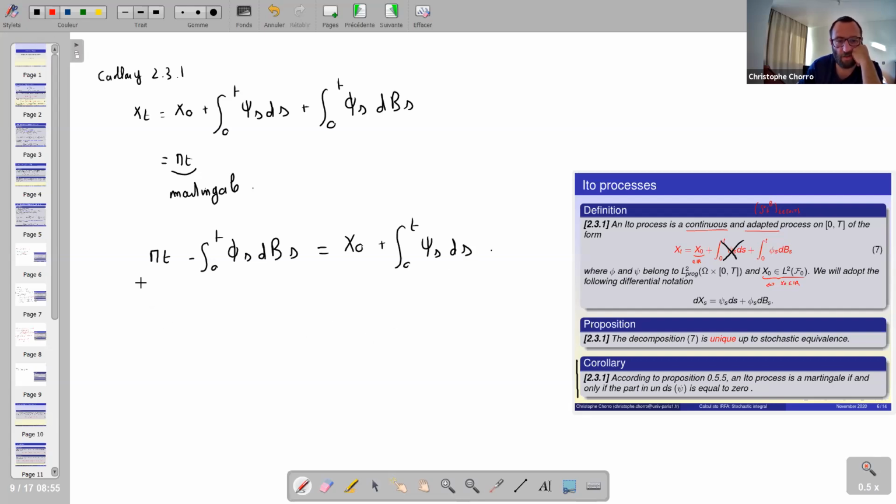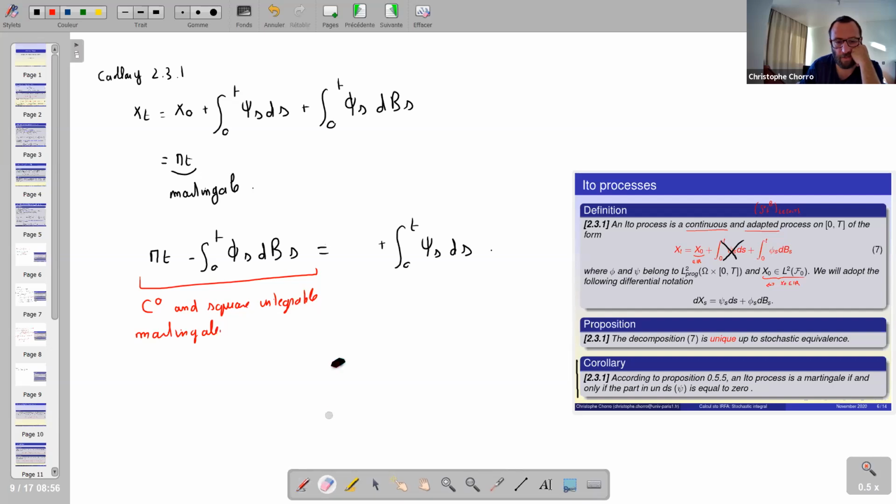And in fact, if I prefer, it will be better to write it this way. I erase the constant here and I put it here. Minus x0 is equal to this one here.